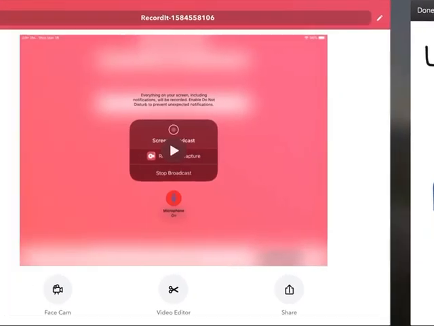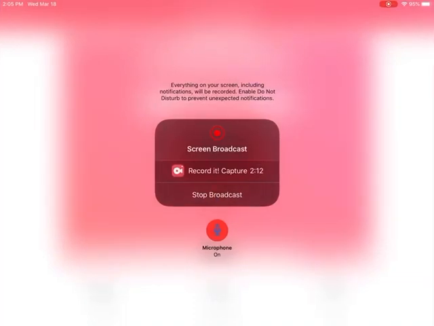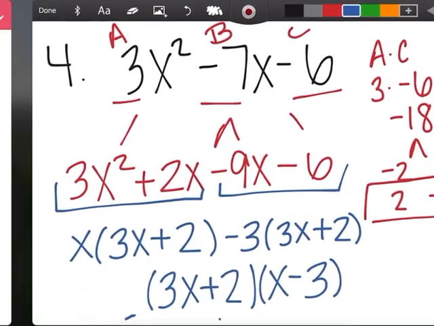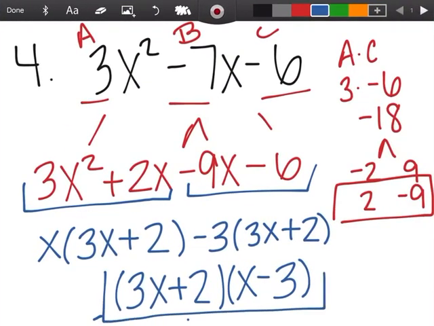I can always factor or FOIL this out and see that it works out, and it will. If I do first times first, I don't have to, but I always can check my work.